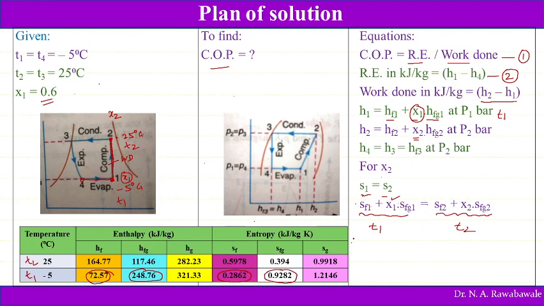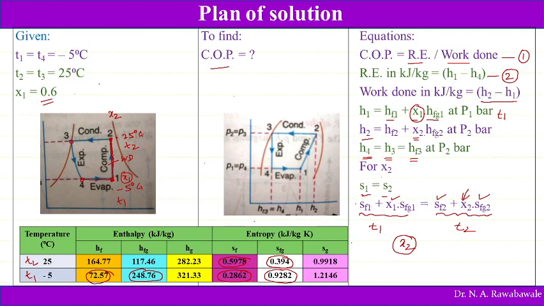SF2 and SFG2 at temperature T2 are also given here. So X2 is unknown, and from this equation we can get X2. Once we get X2, we can find H2. Then H4 equals H3, and H3 is nothing but HF3 at point 3. This gives us H1, H2 and H4, and from that we can find the refrigerating effect.